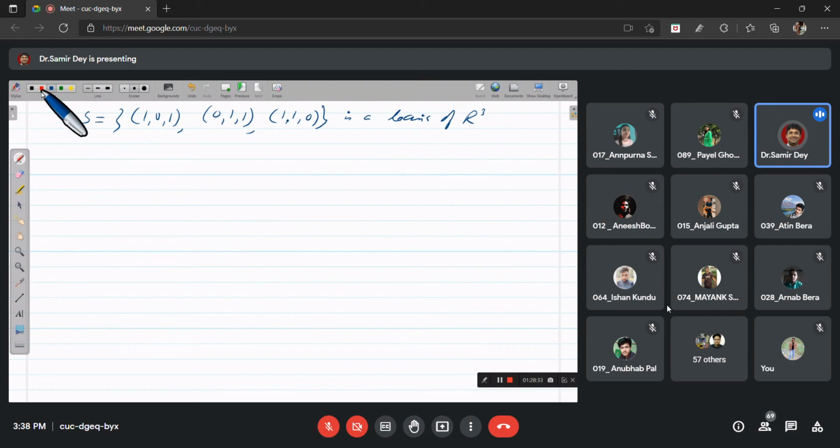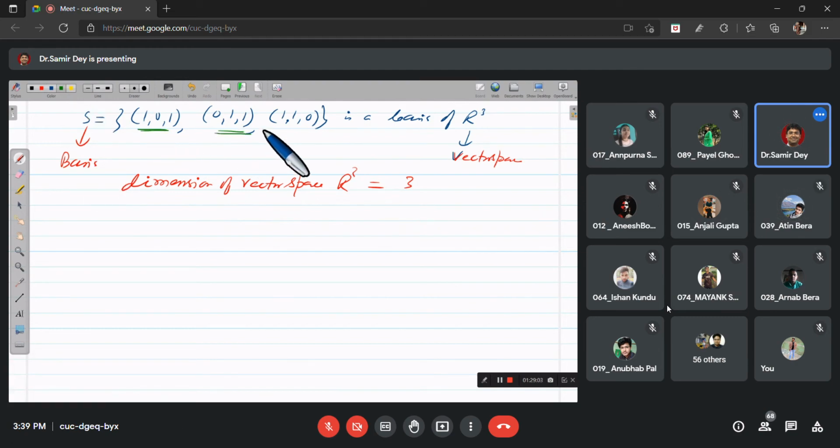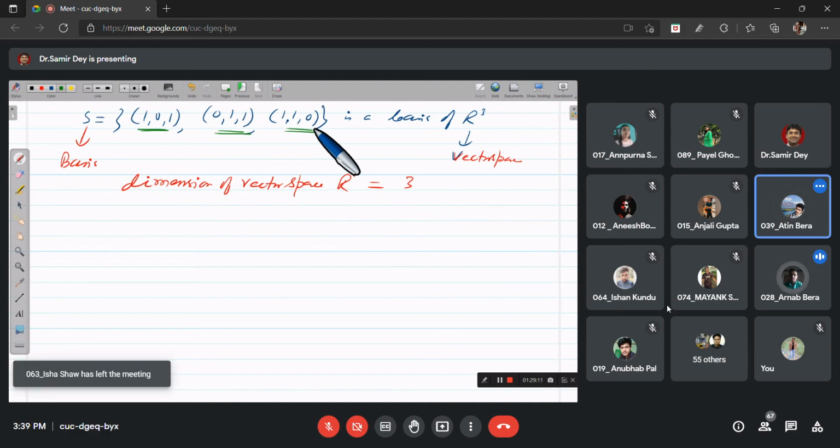So that means this is your vector space, and this is your basis. Now I want to know the dimension of R cube. 3, sir. Why? Because in the basis there are 3 vectors you have. Clear? Yes, sir.